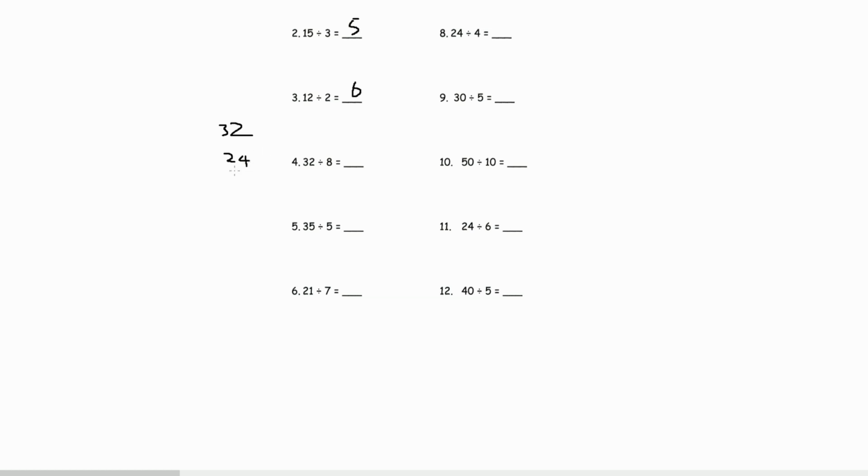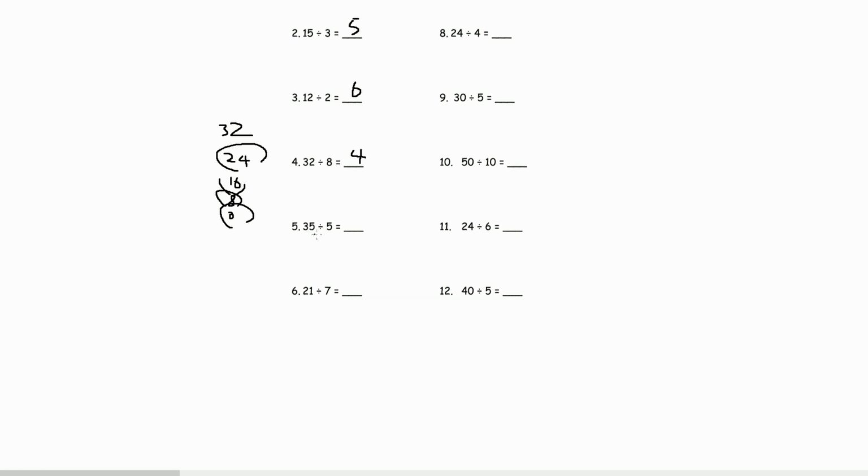And then if we subtract 8 again, that would be 16. And if you do it again, that would be 8. If you did it again, that would be 0. And so we did once, twice, 3, and 4 times.